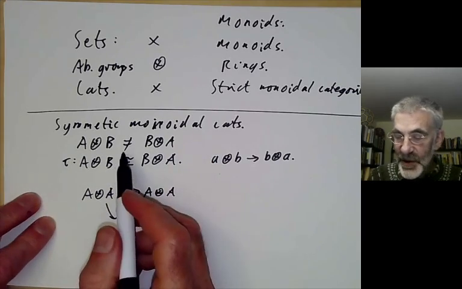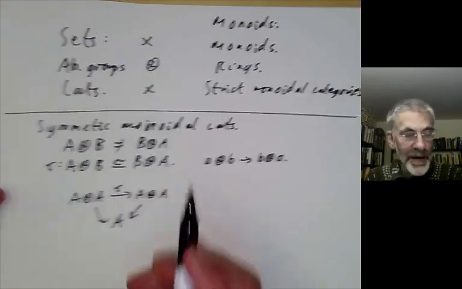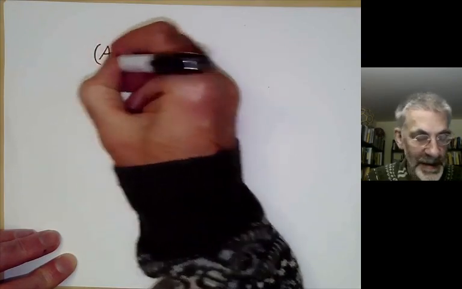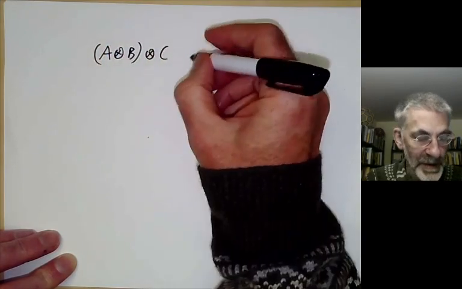Well, if you do this, you're obviously going to have some more coherence conditions. So let's just show what sort of coherence conditions you get. The main one you get is a sort of hexagon diagram. So we can do this.